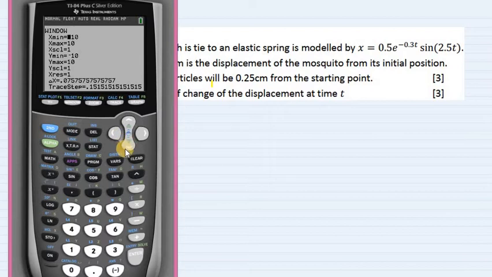Let's change x max to 1, x min negative 1, y min negative 0.3, because we only look until 0.25, and y max 0.3. Let's graph it again.